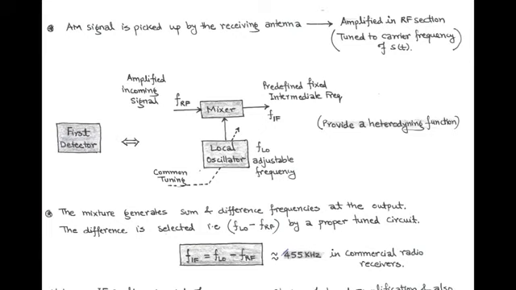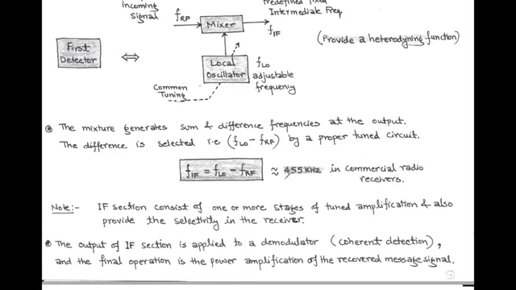Or we can say that f_LO is greater than f_RF for a properly tuned superheterodyne receiver. And for a commercial AM radio receiver, this intermediate frequency is a predefined fixed value of 455 kHz.